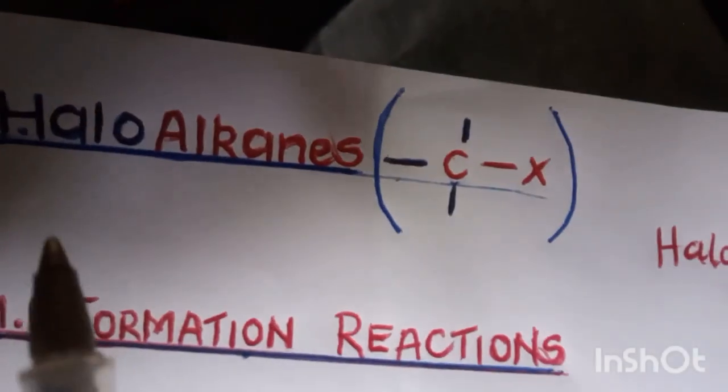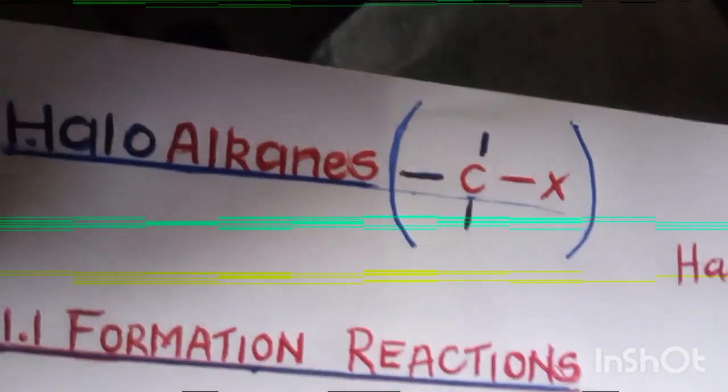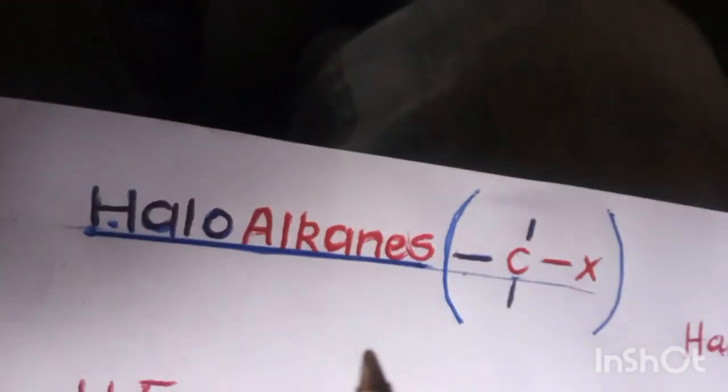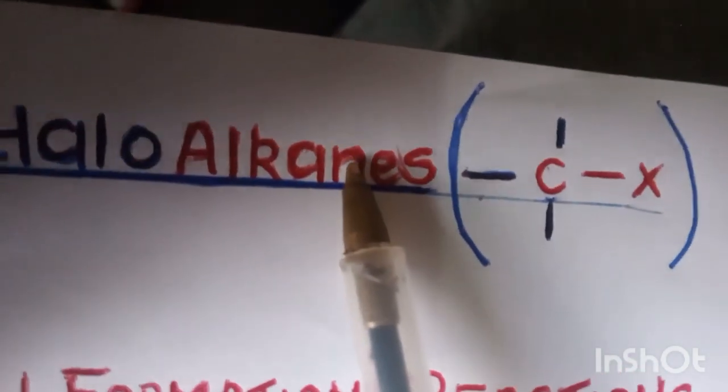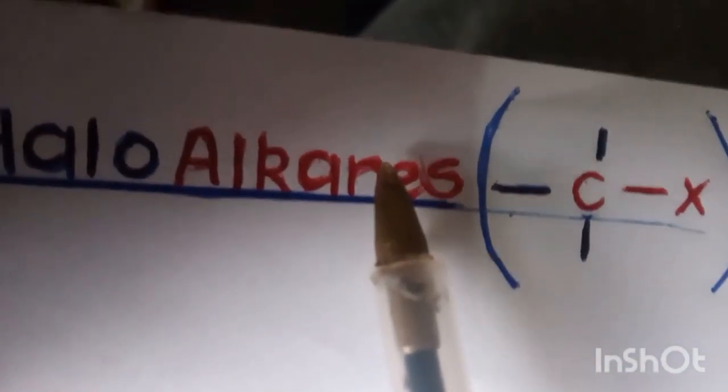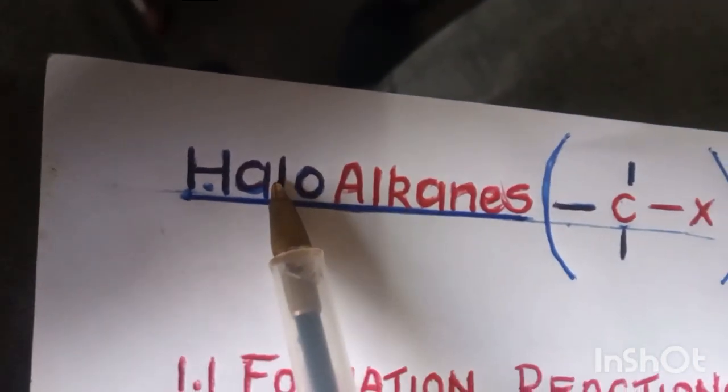Now, as the names suggest, these are alkane molecules that contain halogen atoms.